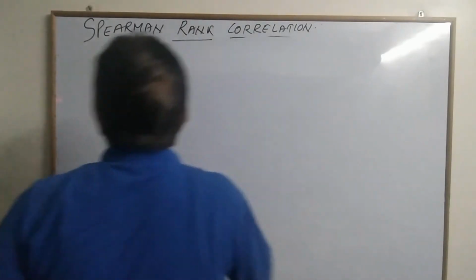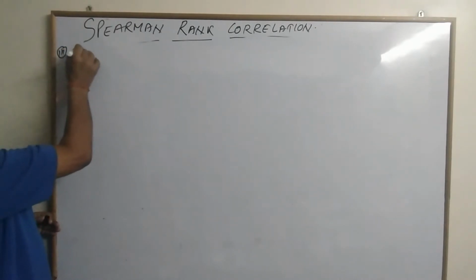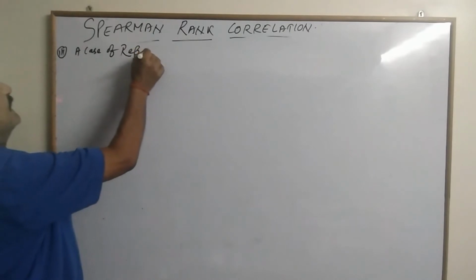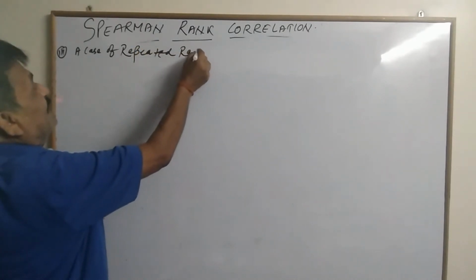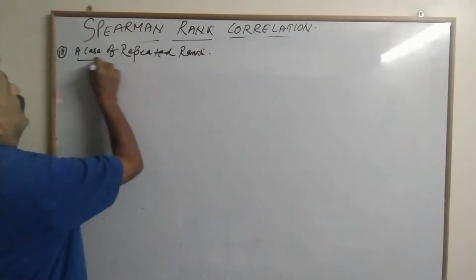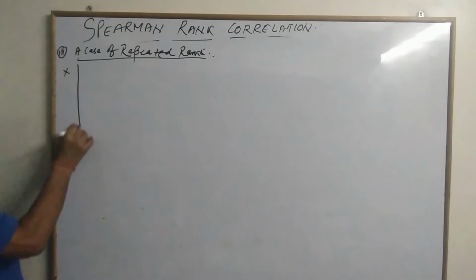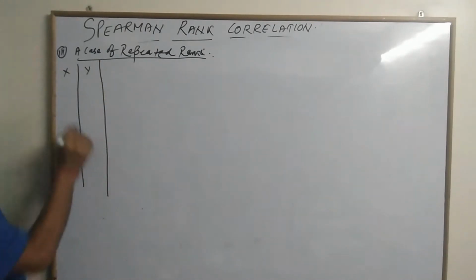Then in that case, how should we proceed? This is the third case, the case of repeated ranks. Now let me take a sum from the book, and then I am going to explain it.